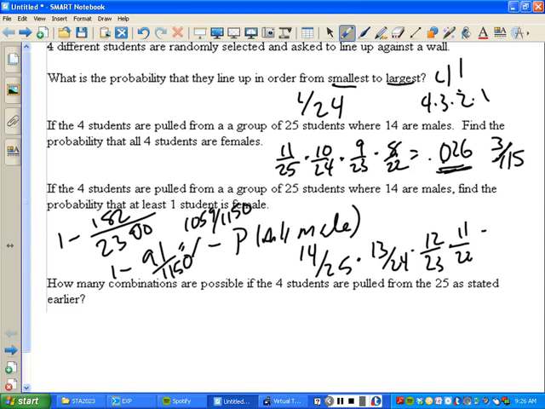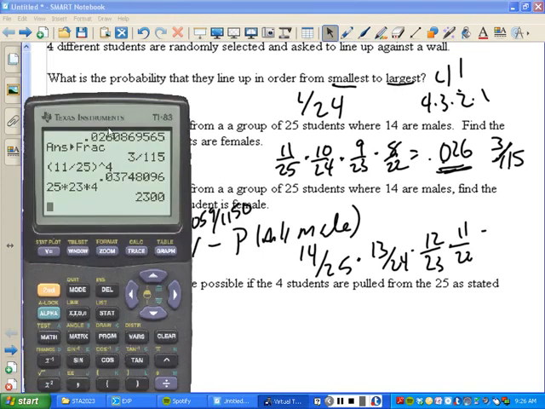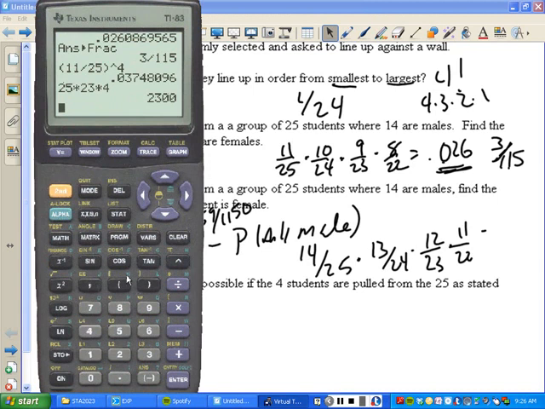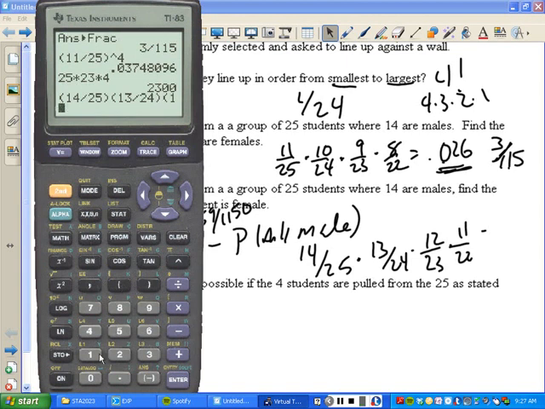I'm not getting the same figures here. What's going on? You multiply those out, and then you take that number and subtract from 1. So 14 over 25 times 13 over 24 times 12 over 23 times 11 over 22.